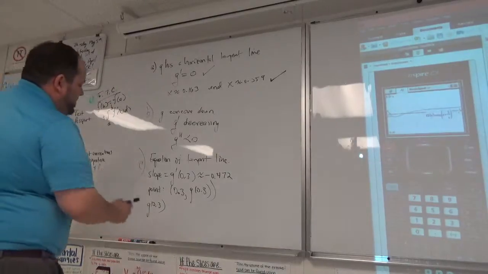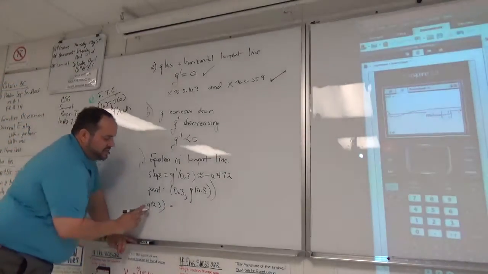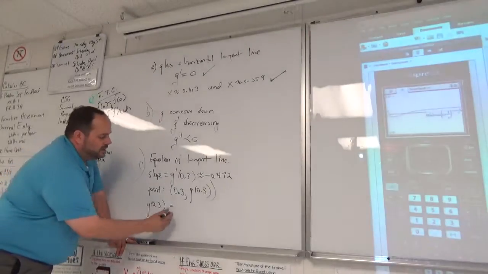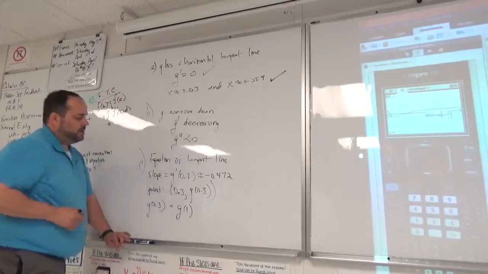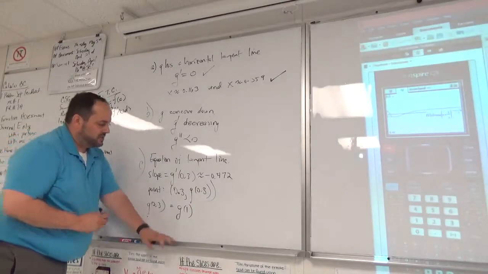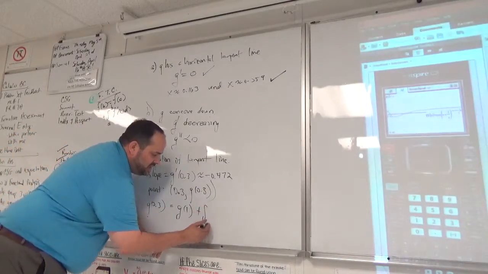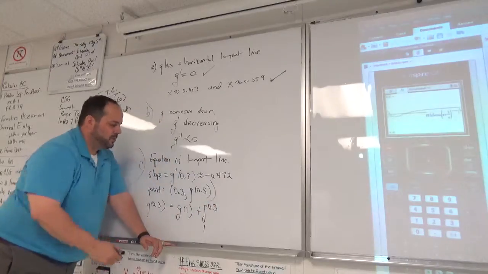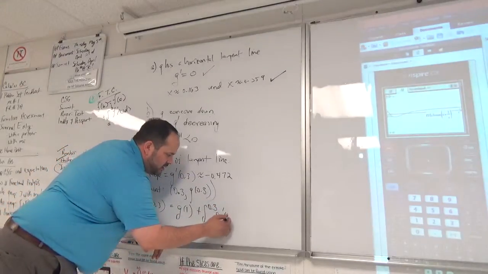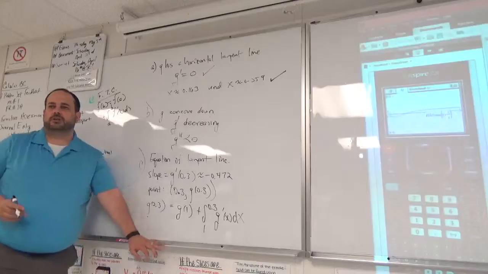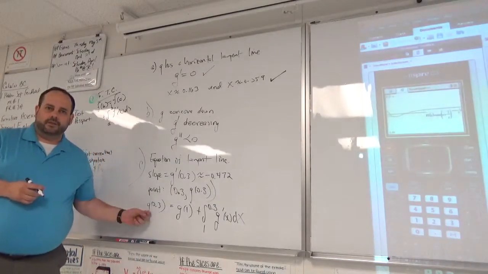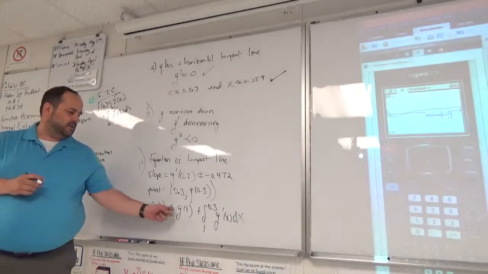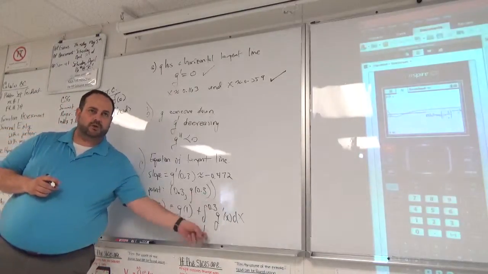We go back to the fundamental theorem of calculus, and this says G of 0.3 equals G of 1 plus the integral from 1 to 0.3 of G prime of x dx. The point that I need equals the point that I know plus the total change.